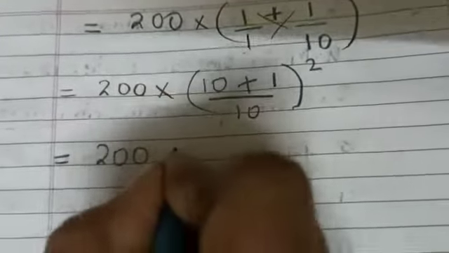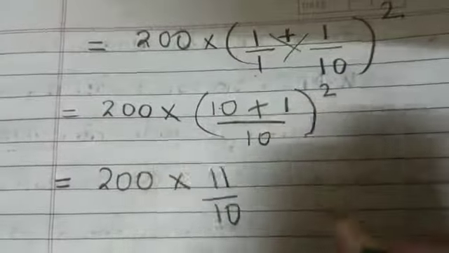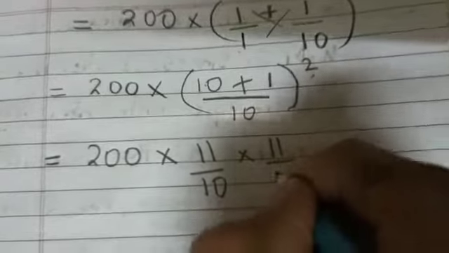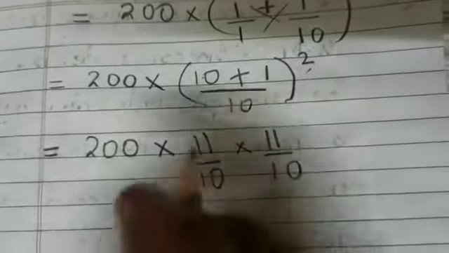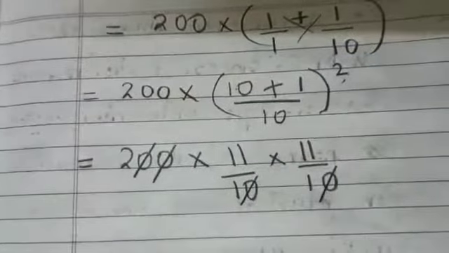So that is equal to 200 into 10 plus 1 is 11 upon 10. Because it is 2, you have this twice. Now we can cut the 2 zeros with these 2 zeros.